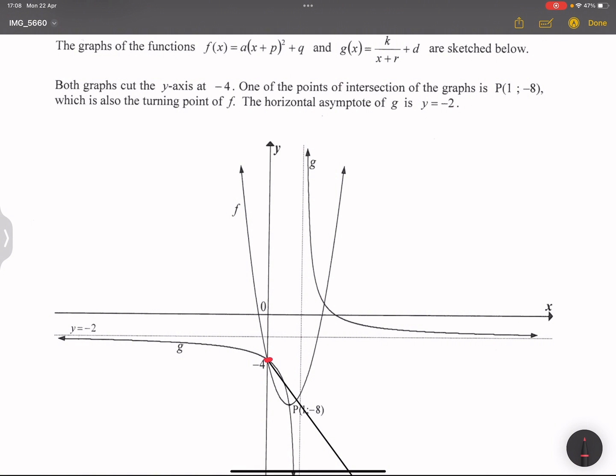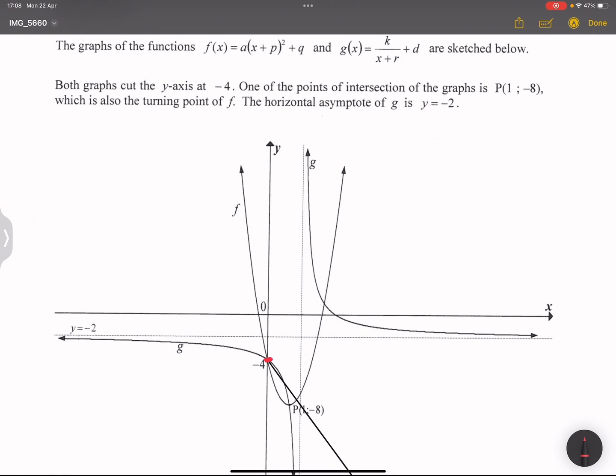One of the points of intersection of the graphs is P, negative 1 and 8, which is also a turning point of f. And the horizontal asymptote of g is y equals negative 2.